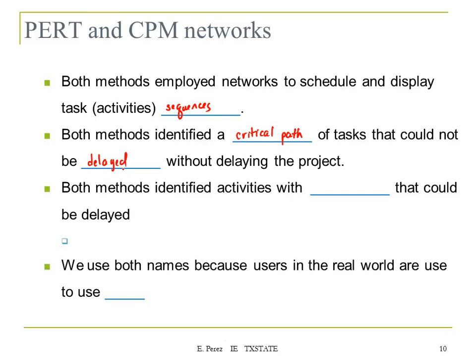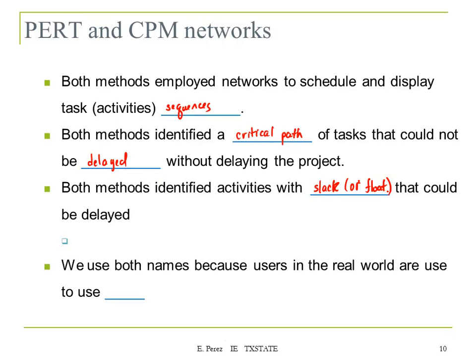Both methods identify activities with slack or float that could be delayed. So again, you're going to have multiple paths. Some of them will give you that extra time that you can use to change the activities' start and finish times.